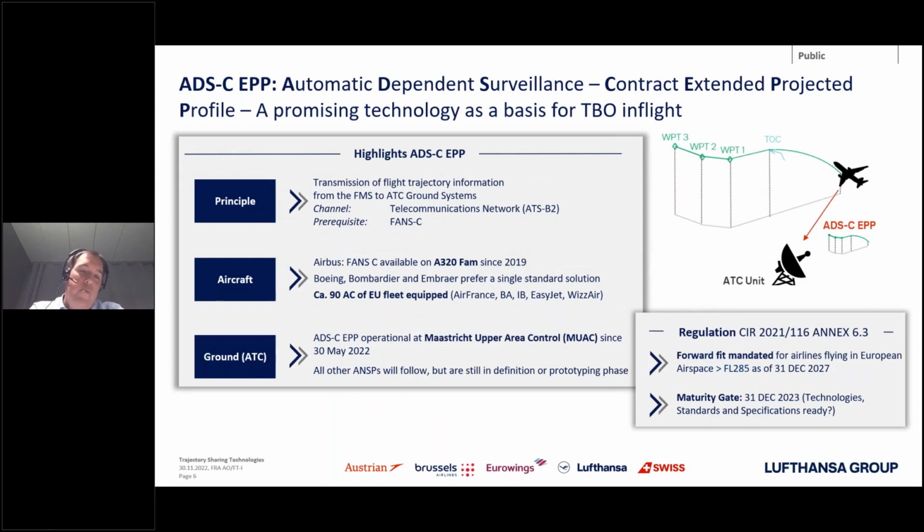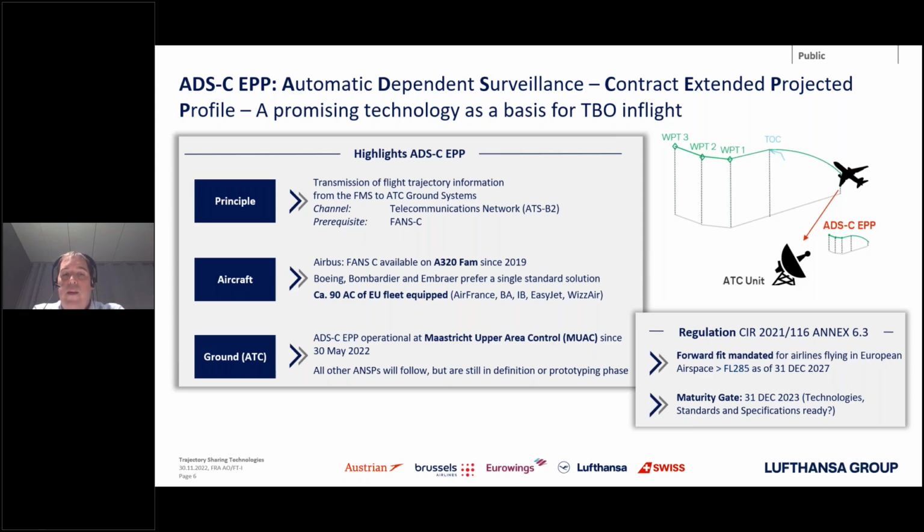So as I said, ADS-C EPP, it's automatic dependent surveillance contract extended projected profile. It's basically an FMS downlink, so data from the cleared flight path and prediction data along the cleared flight path, like times and weights. Currently, it's only available on the A320 family aircraft, since 2019.